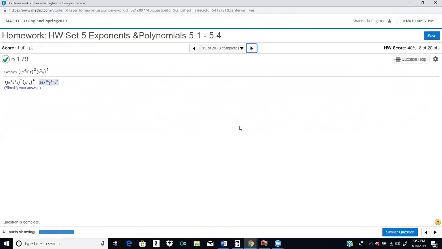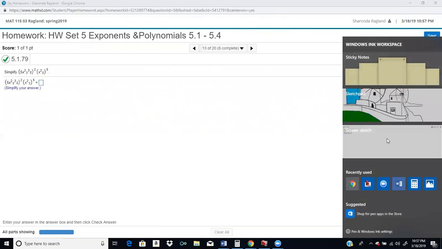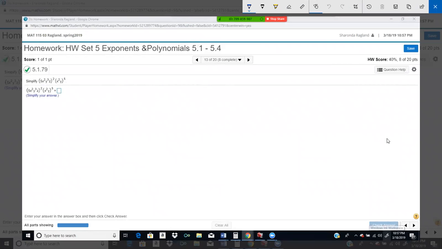All right, so let's look at this one. Let's do a similar exercise. And so this one will incorporate 2 of your laws here. And so you have an exponent here and here.